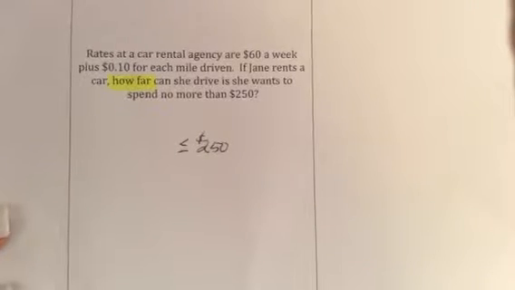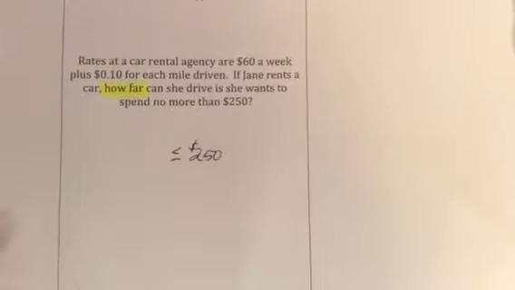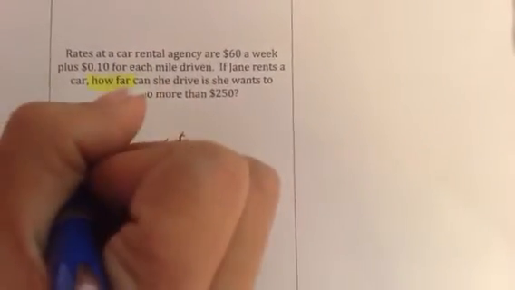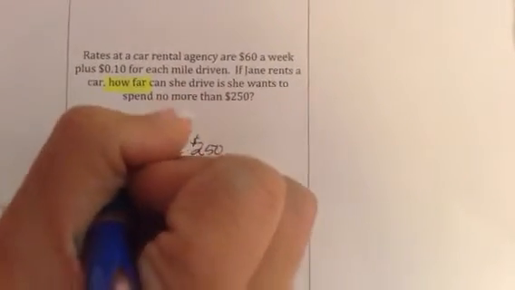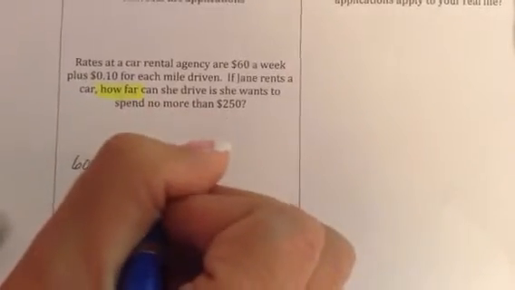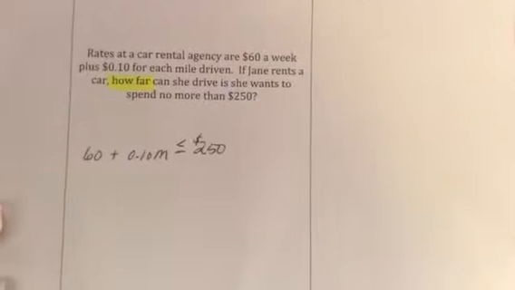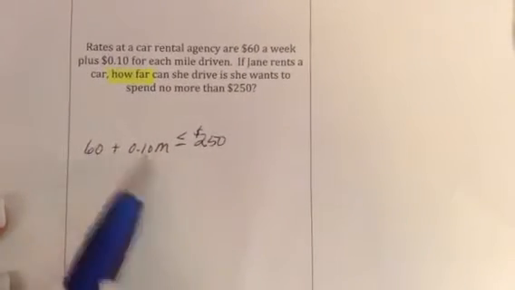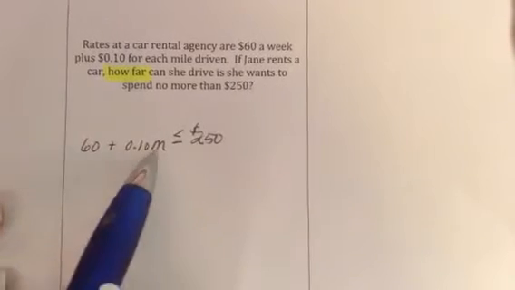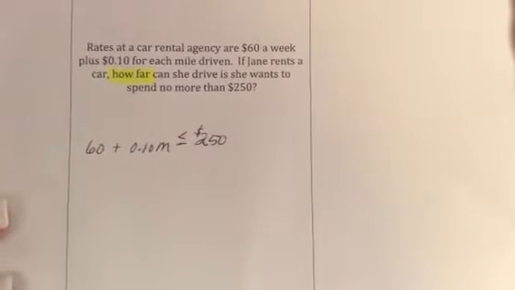So now it says that it costs $60 a week and 10 cents for each mile. So it's $60 and 10 cents for each mile. That's the variable that we're solving for. How far can she drive would be how many miles, how many miles can she drive with her $250?